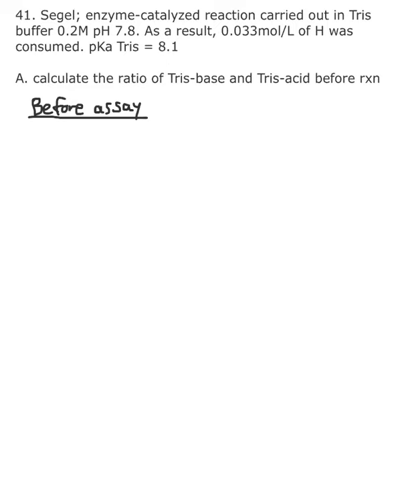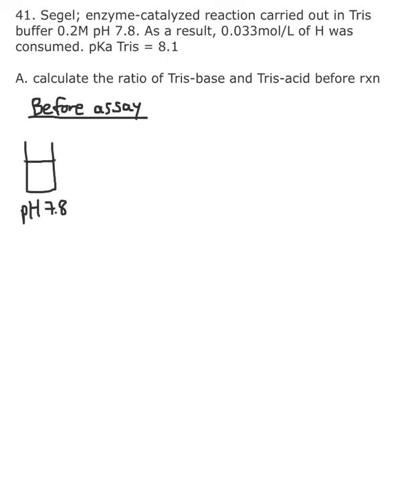The questions ask, similar to number 40, for the final pH after the reaction occurs, but first, for part A, you have to calculate the ratio of Tris base and Tris acid before the reaction. So before the reaction, you have Tris buffer, pH 7.8 here, right?